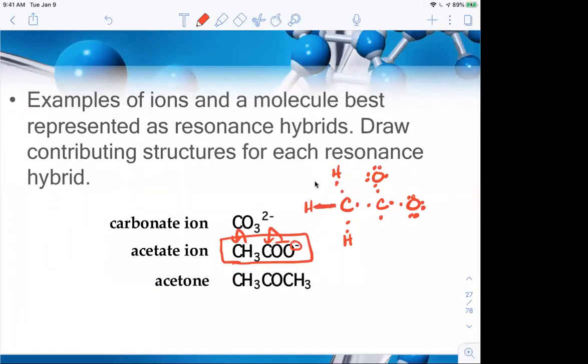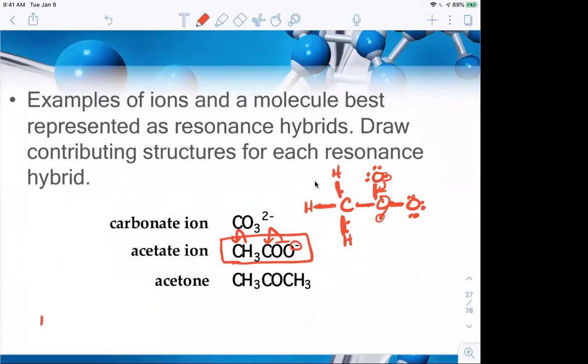Here's my connected dots, right? Well, look at that. I have this electron and this electron. That's going to go there to make a double bond. So what do I have at the bottom?